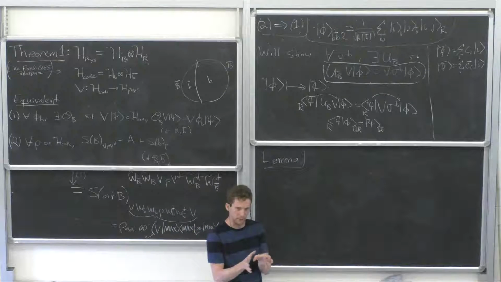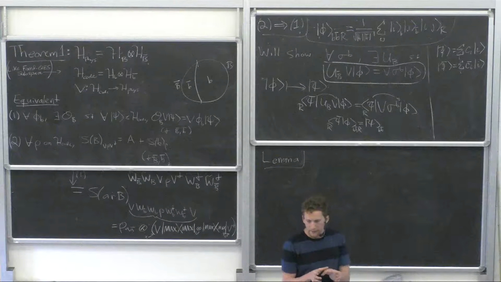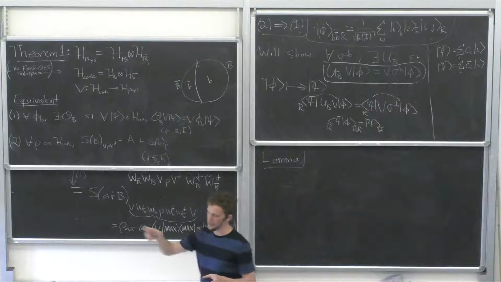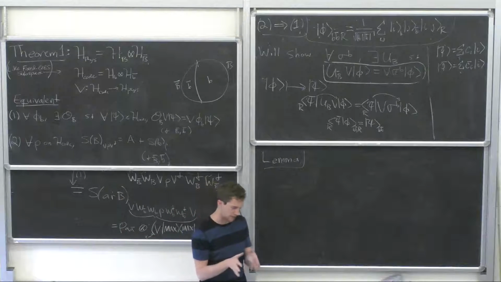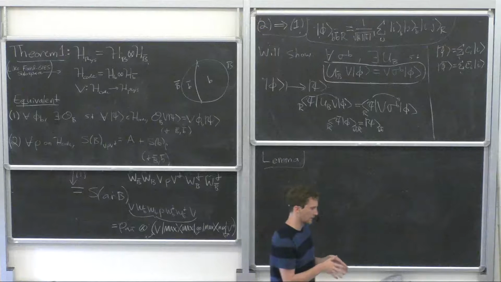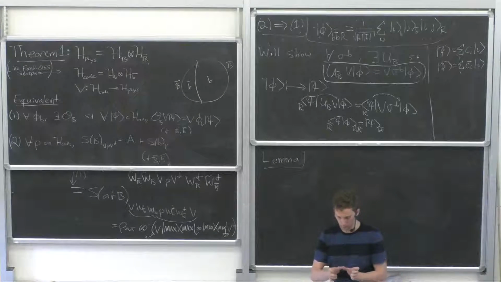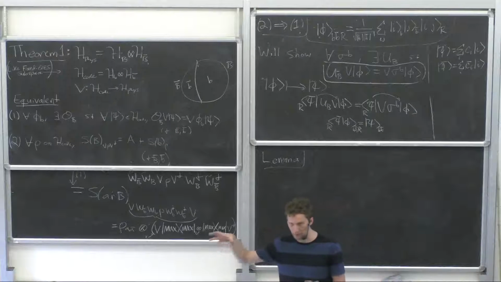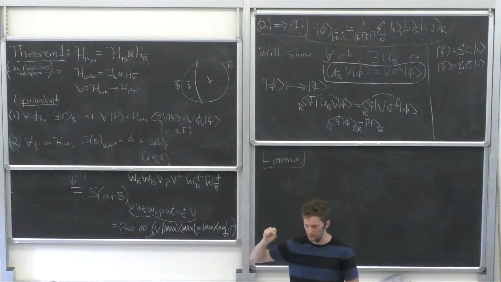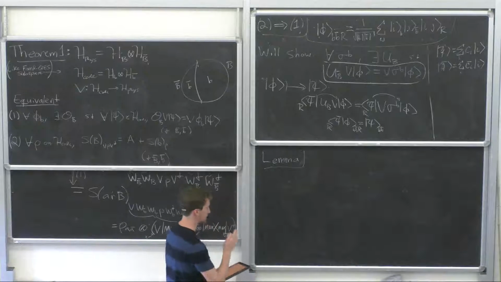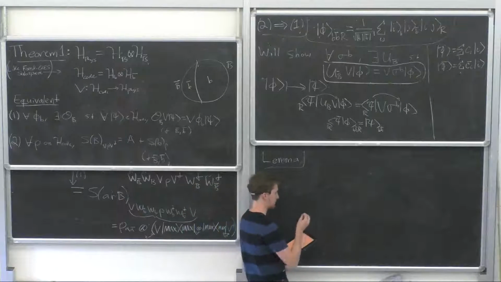So that's what it means to purify this rho. But that's highly non-unique, so there are many different psi that could purify any given density matrix. But you can prove that they're all related by a unitary on the purifying system.